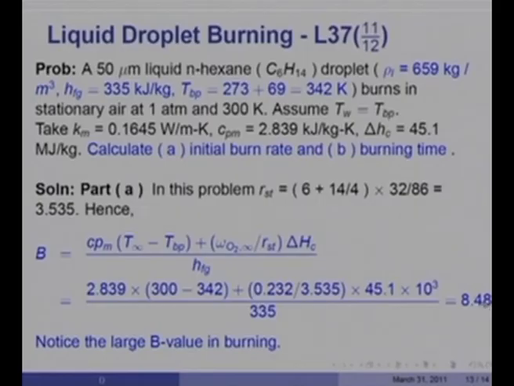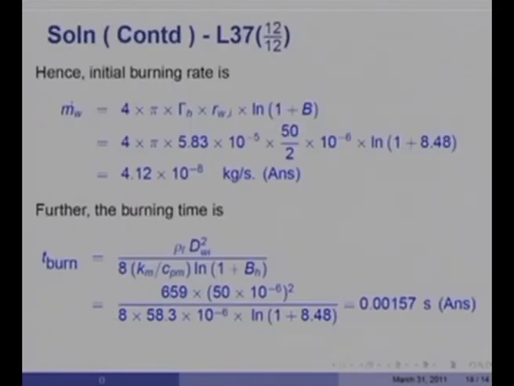So, we get even a larger value in a burning problem compared to the evaporation problem, which was 3.16 or so. Here we get it as 8.48, and therefore we expect the burning rate to be high and the burning time to be small.